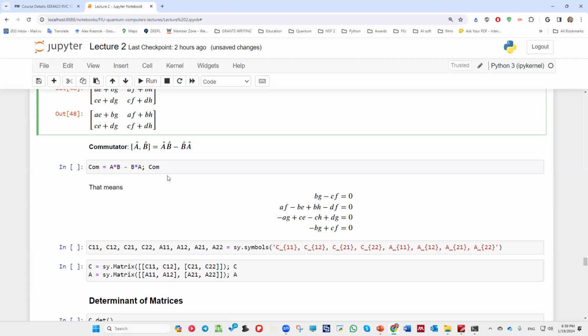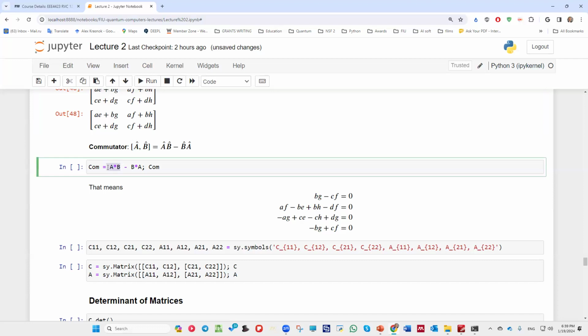So if you write two matrices, and for example, you take A times B, the result will most likely be different. It is usually different than the result of B times A. So when you exchange the order of multiplication of two matrices, the result changes.